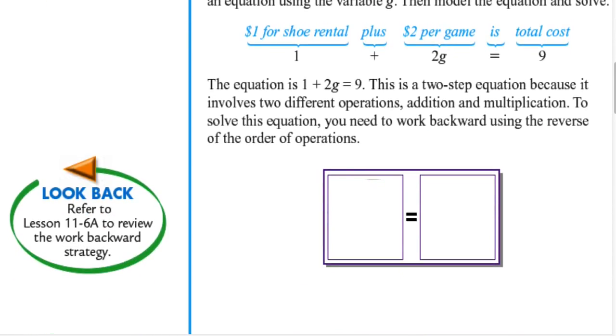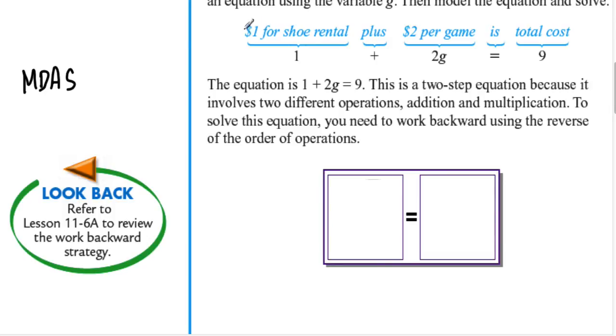The normal order of operations, without Please Excuse My Dear Aunt Sally, would be multiplication and division before addition or subtraction. This is the normal order of operations. In order to solve this type of equation, we need to go the other way around.